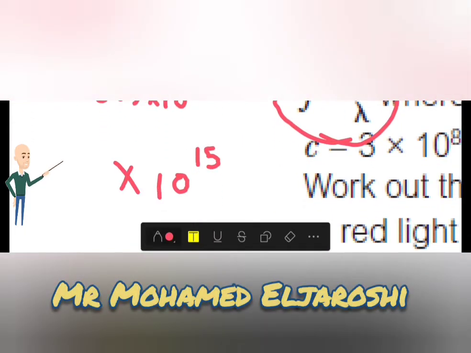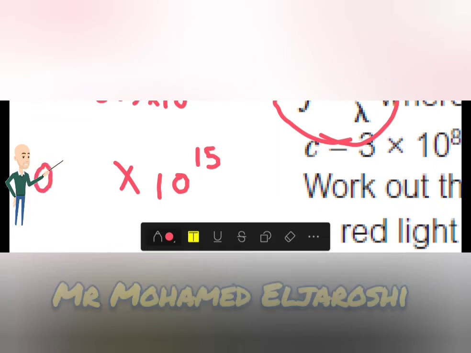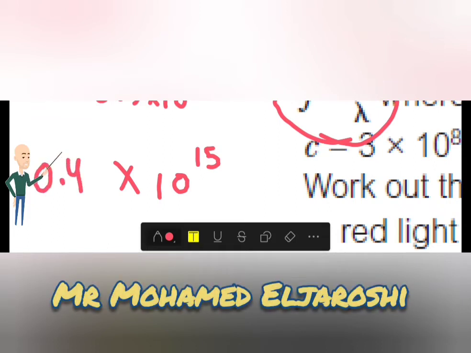It means 0.43, and the other one is 4, and the 4 is small, so we don't need it, because it won't change the 3, because the answer of the division is 0.4347, and we want 2 significant figures, so 4 and 3, and because the 4 is small, we don't need it anymore.